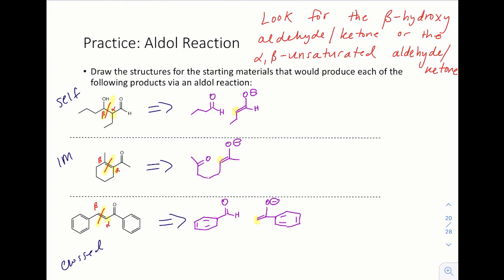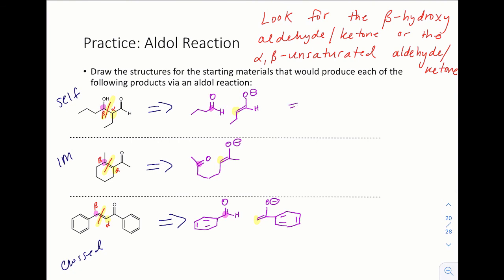But either way, the alpha carbon in the product came from the nucleophilic partner, and then the beta carbon came from the carbonyl form. In the case of the self-condensation, the enolate is made from the same exact aldehyde. The aldehyde and the enolate are in equilibrium with one another under the conditions of the reaction, and then they condense. That's sort of the whole point.